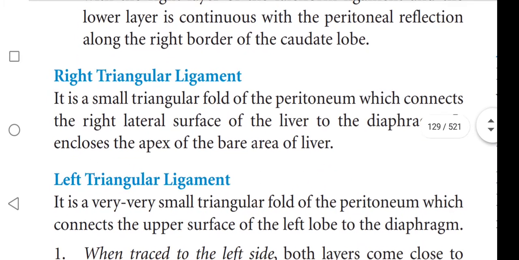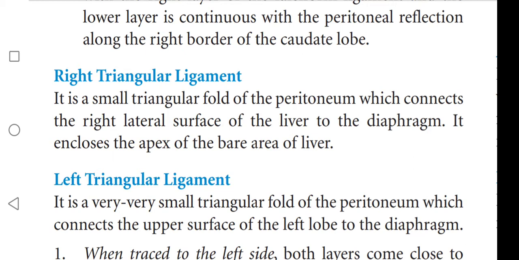Next, right triangular ligament. Right triangular ligament is a small triangular fold of the peritoneum which connects the right lateral surface of the liver to the diaphragm.